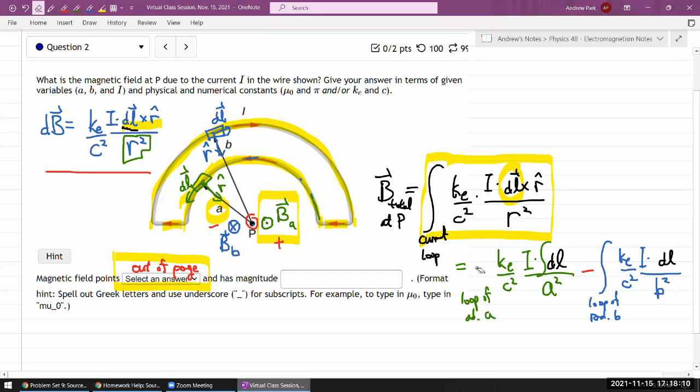It's the integral over this half circle loop of dl, and so I don't actually have to do this integral explicitly. I just know this is 1/2 of a circumference, which is equal to pi times a.